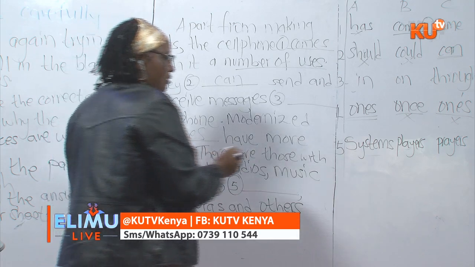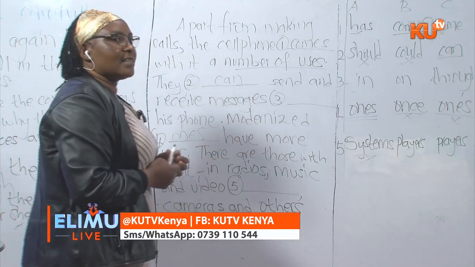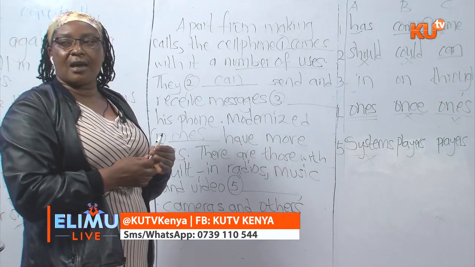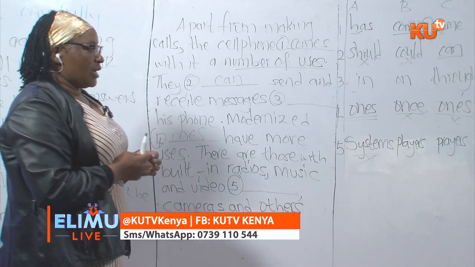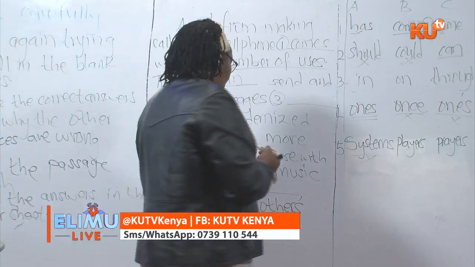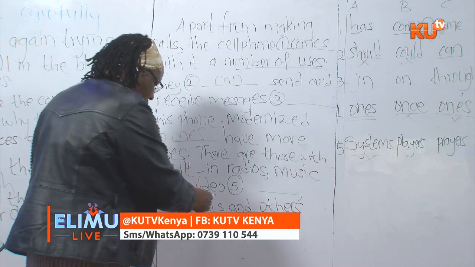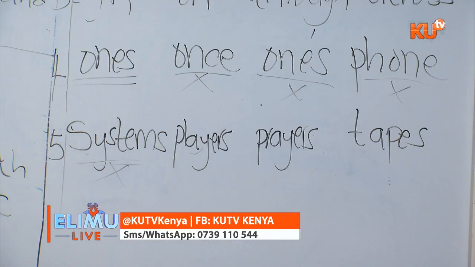One, systems. You are supposed to ask yourself what a system is. Now, a system is bigger than just a gadget, which is the mobile phone, of which we are talking about in this case. So you are supposed to combine the word video with any of these words which are among the choices.